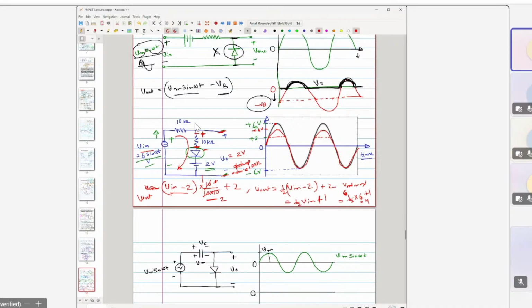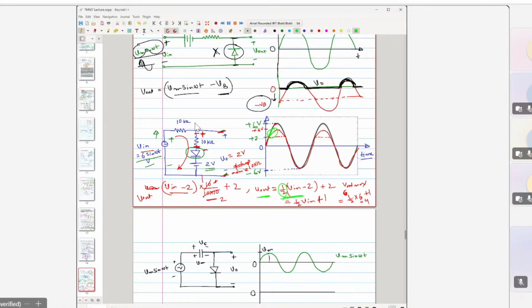Now please note one thing. In this region there will be a difference between this slope and this slope. Why so? Because it is no longer following the input potential. You can see between V out and V in there is a half term, so the slope has changed.